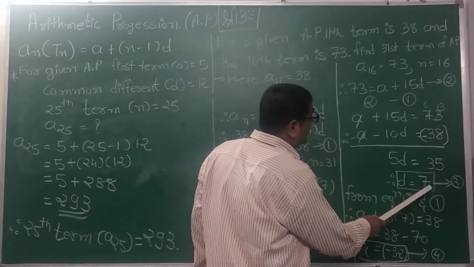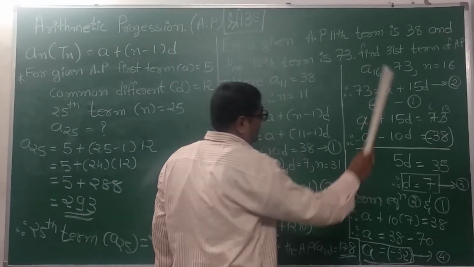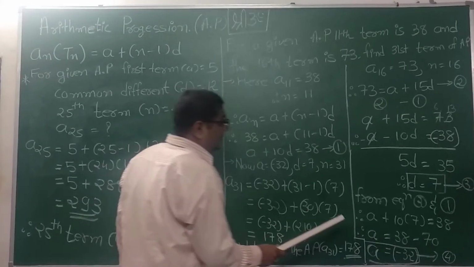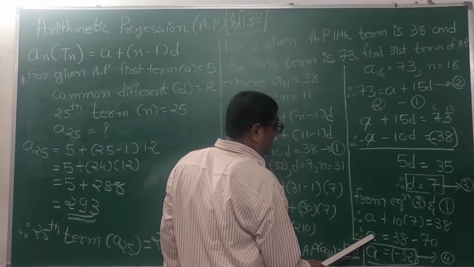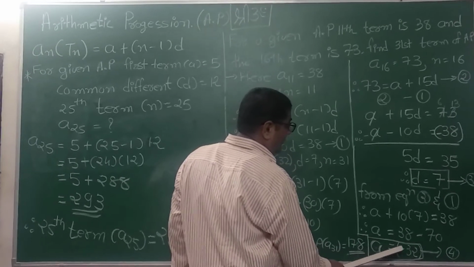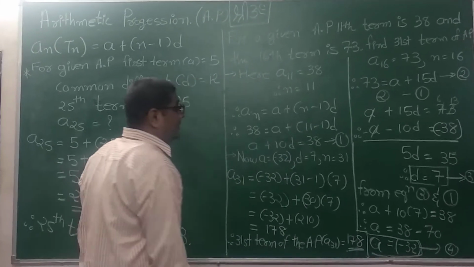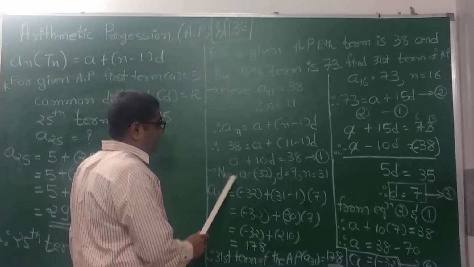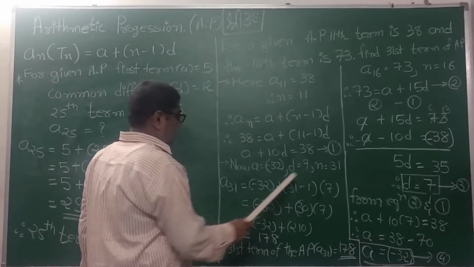Now we put d is equal to 7 in either equation 1 or equation 2. So I am putting the value of equation 3 in 1. So that is a plus 10 into 7 is equal to 38. Therefore a is equal to 38 minus 70, which is minus 32. That is equation 4. So now out of 4 variables, the values of 3 variables are there: a is equal to minus 32, d is equal to 7 and n is equal to 31.